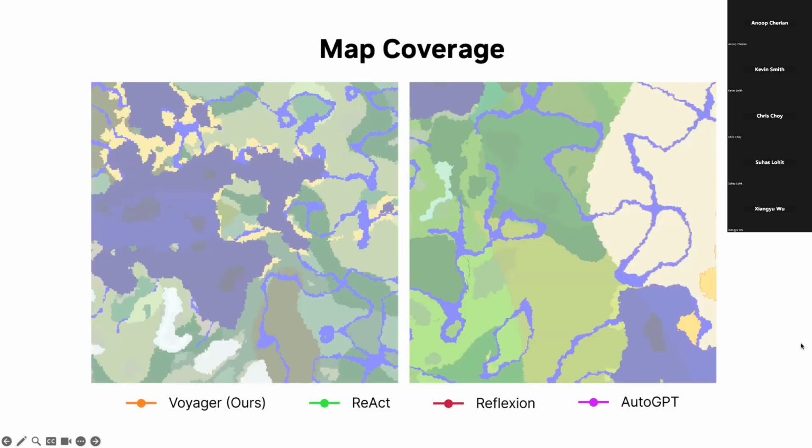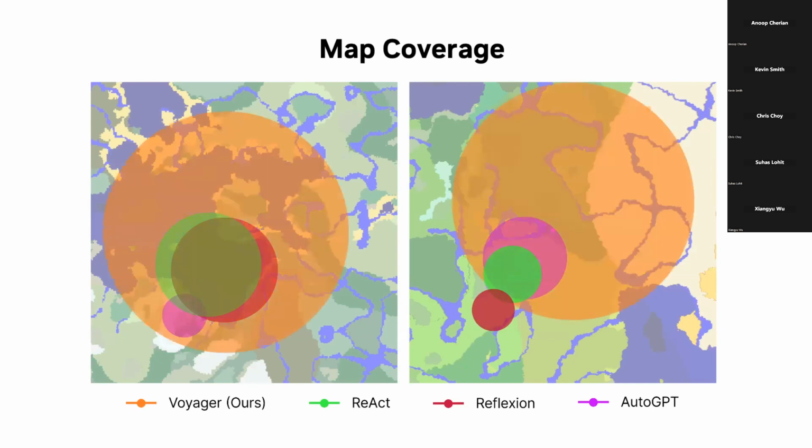And also here's a bird's eye view Minecraft map of how far each agent explored. As you can see, some of the agents tend to get stuck in local areas, whereas Voyager was able to explore a much larger area.